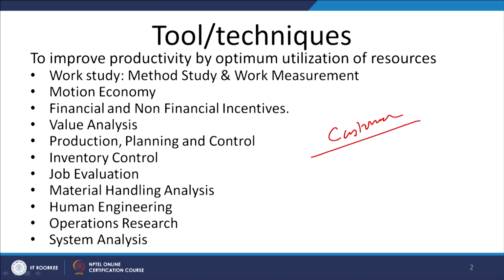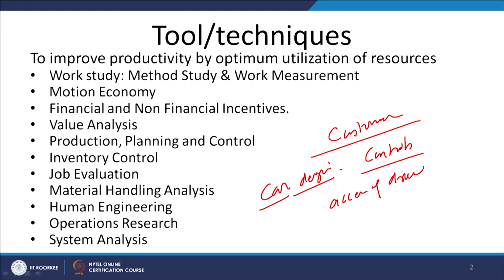For example, if there is a car design, in car design different controls will be arranged in such a way that they are in the easy access of the driver, and he is able to see the position of the various things like the speed, the temperature of the engine, the rotational speeds, and the stability of the vehicle.